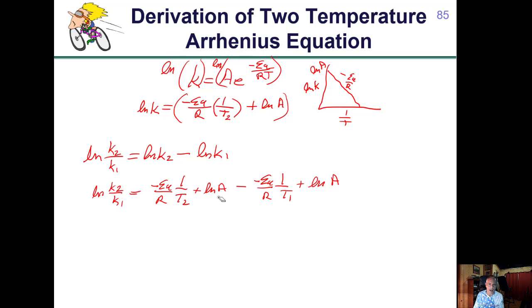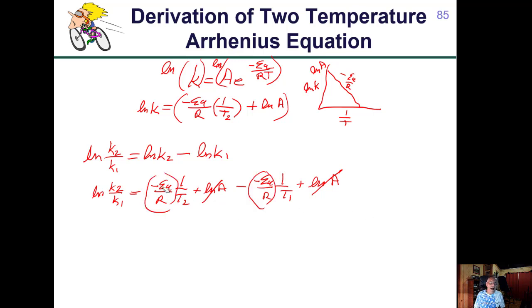We're presuming that the higher temperature will be T2. Okay, could be the other way. So since the log of A is the same in both cases, I can subtract the natural log of A from both sides.